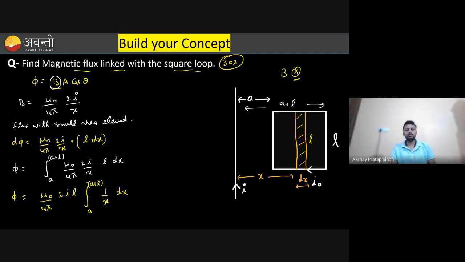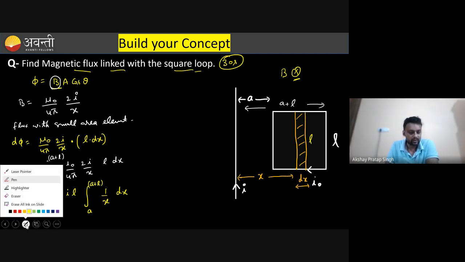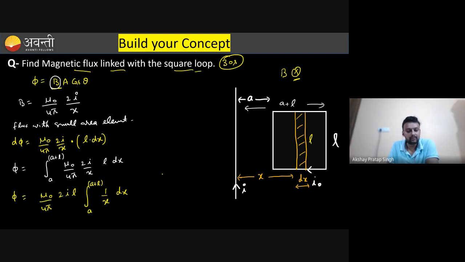Clear? Now, I hope everybody remembers what the integration of 1 by x is. You can write it here. Phi is equal to mu naught by 4 pi, 2IL, and this is going to be ln x, limits A to A plus L. If you have any doubt, you can ask.